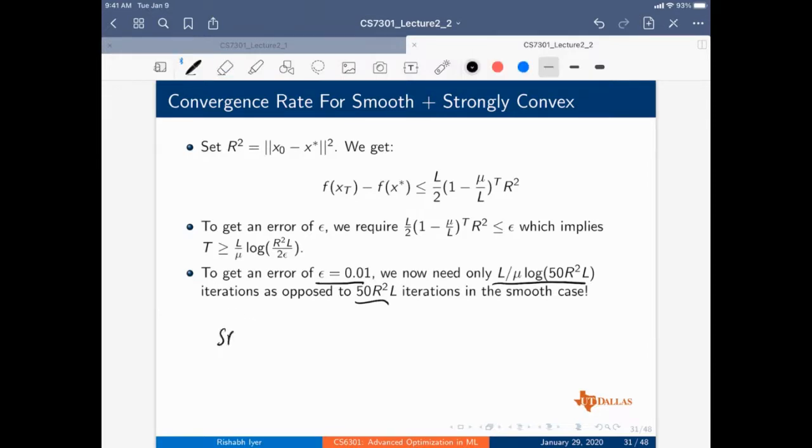So using smoothness, what we have is that x hat, which is essentially the argmin over t of f of x_t, is actually equal to x_t, because of the reduction in objective value.